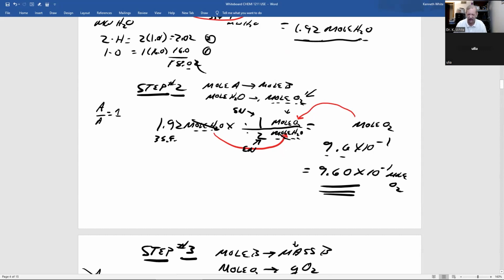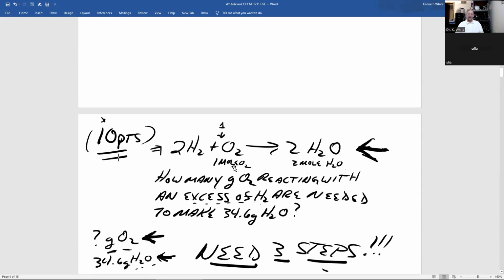And where do we get a relationship between moles of oxygen and moles of water? We look at the balanced chemical equation. Remember, the coefficients, the numbers in front of the formulas in the balanced chemical equation, are molar relationships. And when there's no number, it's the number 1.